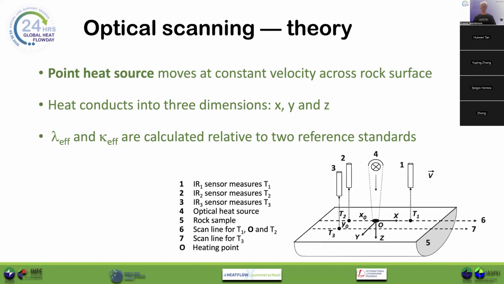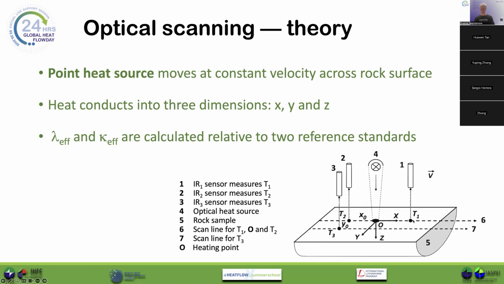The third family of tools exploits a point source of heat, and more particularly a point source of heat that moves at a constant velocity across a rock surface, and the heat generated by that point source conducts in 3 dimensions into the rock.